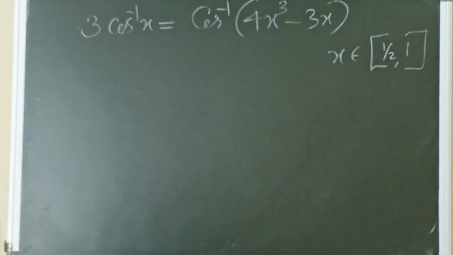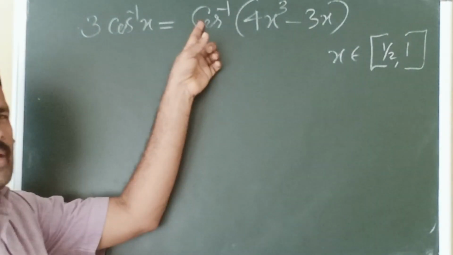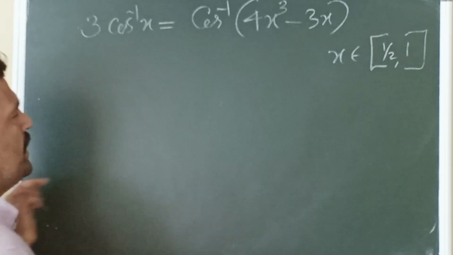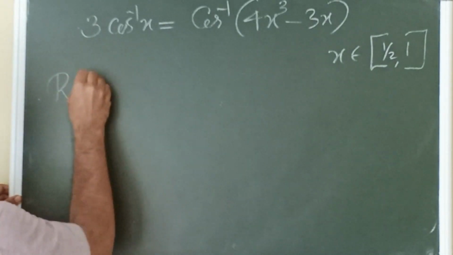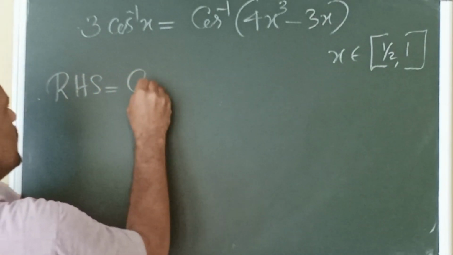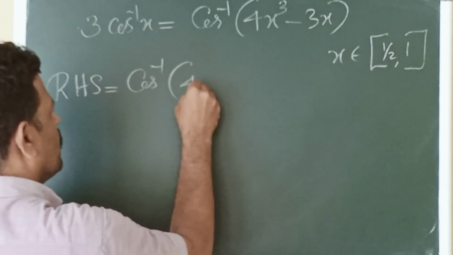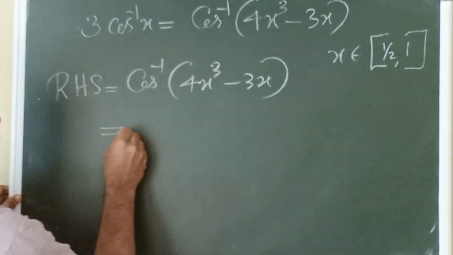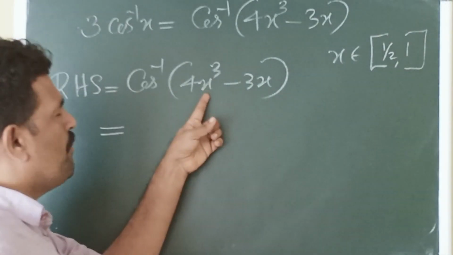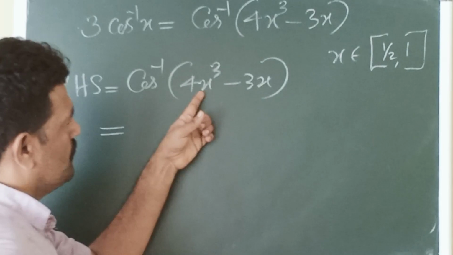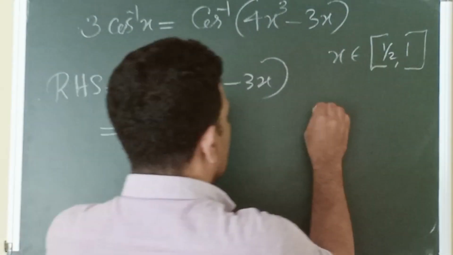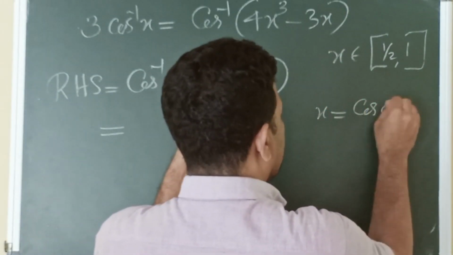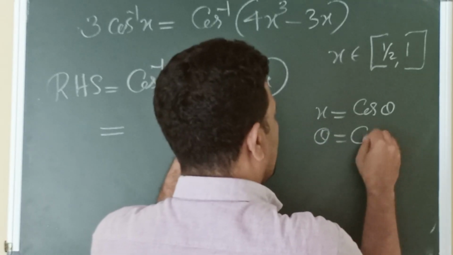Now we can do the second question. Here I am taking the right hand side. That is RHS is equal to cos inverse of 4x cube minus 3x. Comparing with the trigonometry, we can put x equal to cos theta. Therefore, theta is cos inverse x.